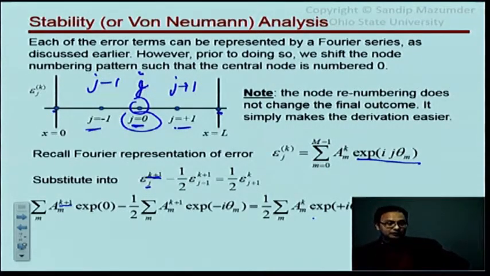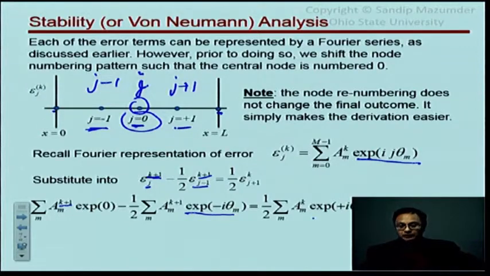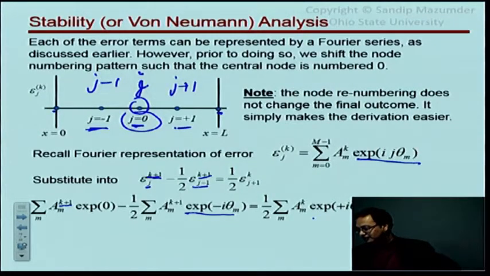Similarly here I have a minus half, again the amplitude has k plus 1, and the j minus 1 is replaced by j equal to minus 1, which gives me e to the power minus i theta. On the other side I have amplitude k, because this is epsilon at k, and the j plus 1 gives me e to the power plus i theta.